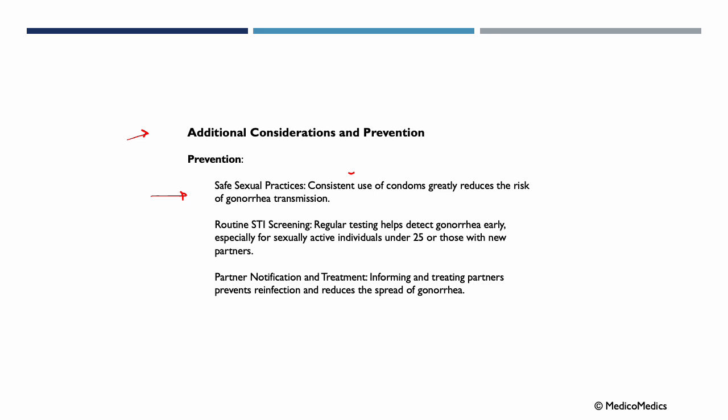Consistent use of condoms greatly reduces the risk of gonorrhea transmission. Routine STI screening. Regular testing helps detect gonorrhea early, especially for sexually active individuals under 25 or those with new partners. And of course, partner notification and treatment. So informing and treating partners prevents reinfection and reduces the spread of gonorrhea.